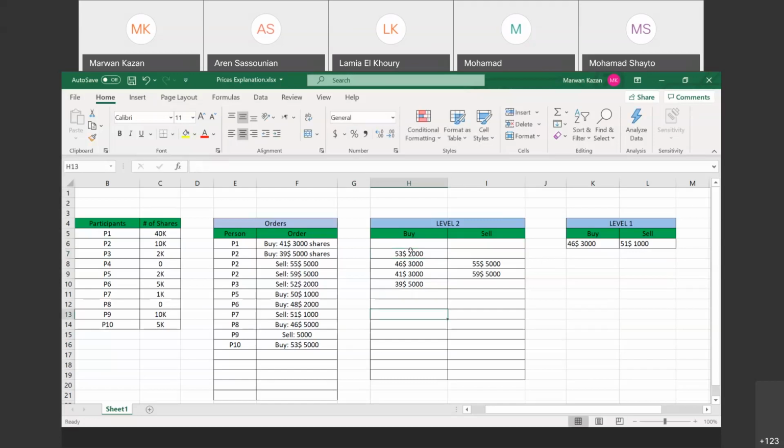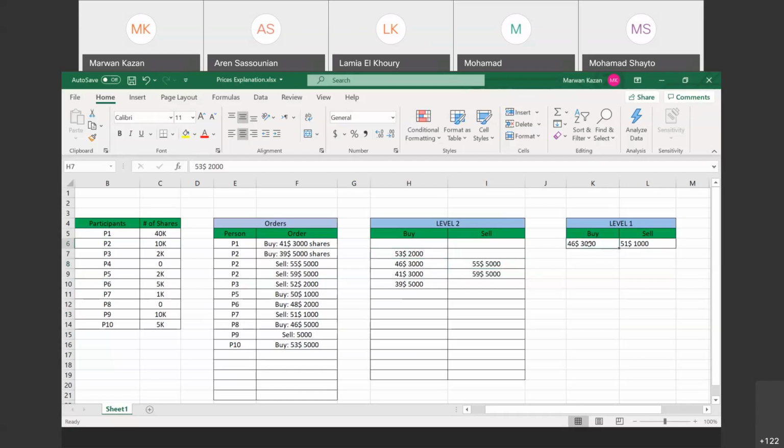It's because first we bought at 51, then 52. If we continue, we're gonna buy at 55. But this person won't buy at 53. We can't make him pay more. So we stop over here and we put his order here.